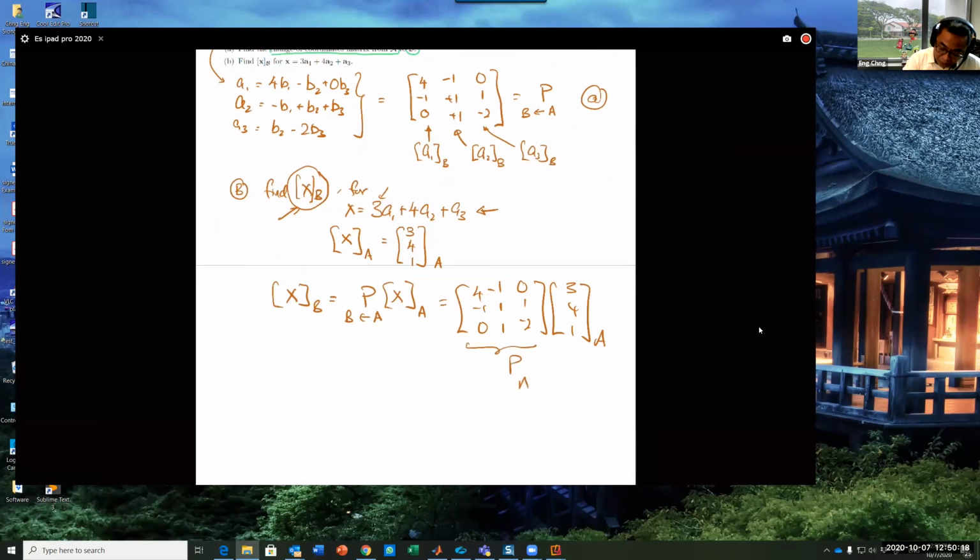And I always like to write all this out so that I know that I am sending the vector in the A coordinate, pre-multiplying by the change of coordinate from A to B, such that on the left-hand side, I will get something in B. And the answer is 822.